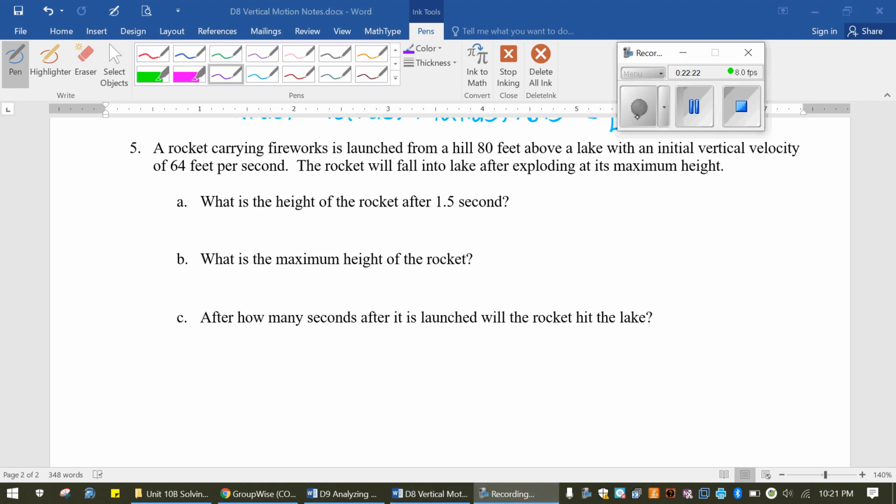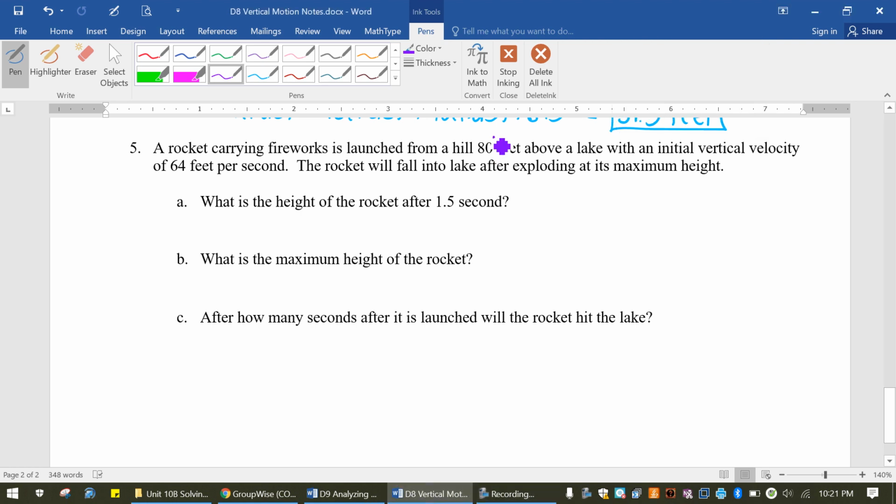A rocket carrying fireworks is launched from a hill 80 feet above the lake. So that's telling me a starting height, with an initial vertical velocity of 64 feet per second. So that's v. My equation here is h of t equals negative 16t squared plus 64t plus that starting height of 80.